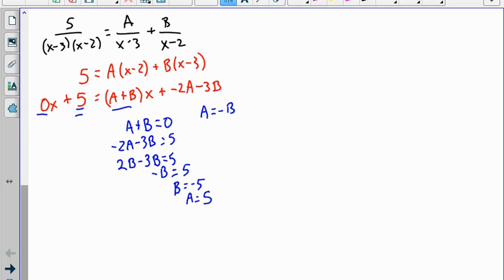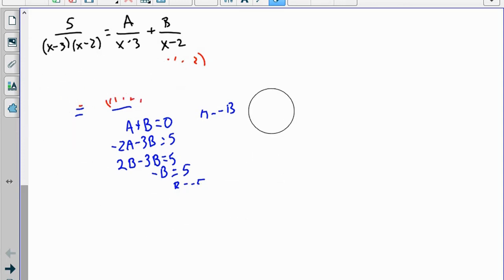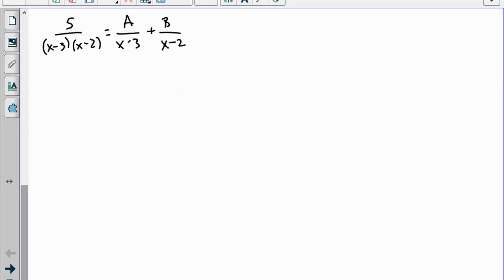So now that I have that, I can rewrite all of this as this integral. So I have the integral of this dx.